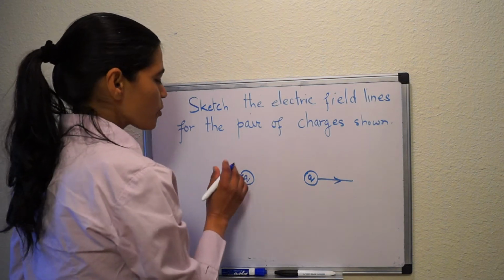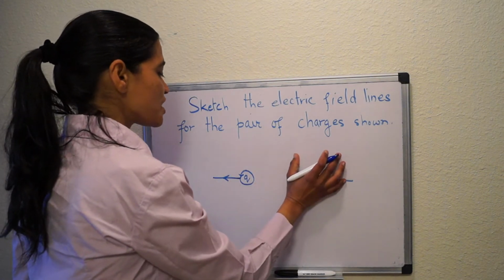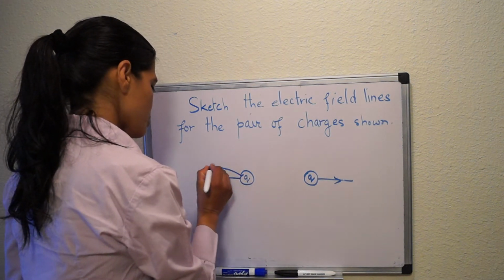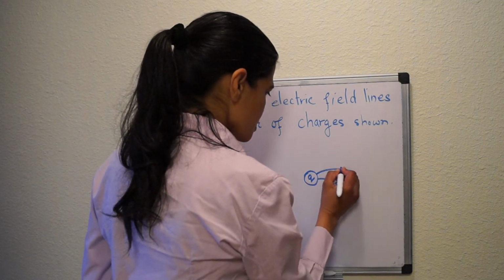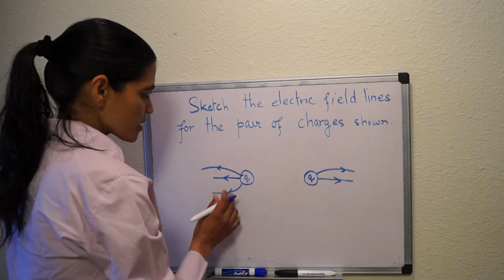The curve won't be like when you had just a single charge, because this charge influenced this charge. So the line may go something like this. Same thing should happen on this side. Another line here may be like this.